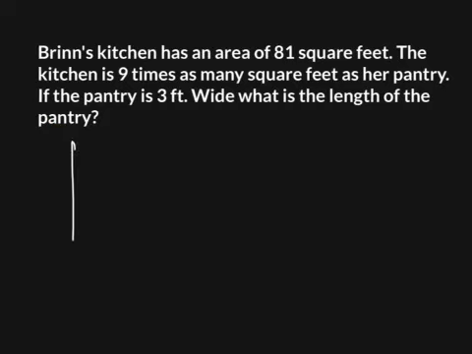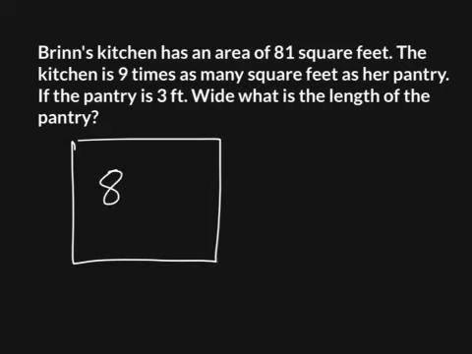I'm going to draw the kitchen because that is the first place that I got some information about. It told me that the kitchen is 81 square feet. I know from experience that pantries are typically not as large as a kitchen, so my pantry is going to be a smaller area. The story problem tells me that the kitchen is 9 times as many square feet as her pantry.